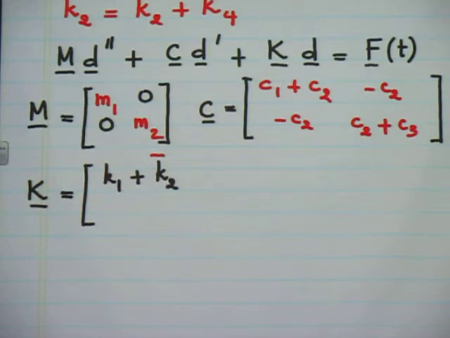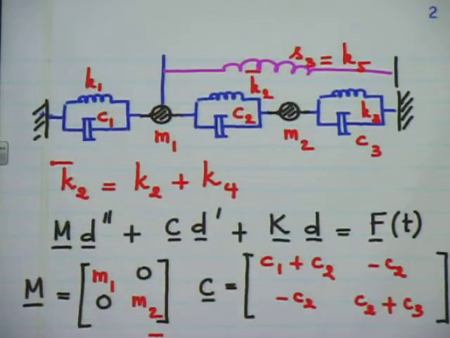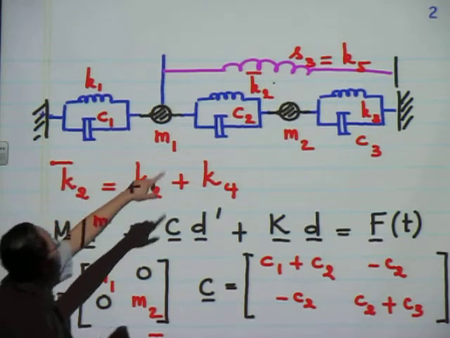And then down here you have K2 bar, because that's the new spring, plus K3, right? So it's a new spring called K2 bar.